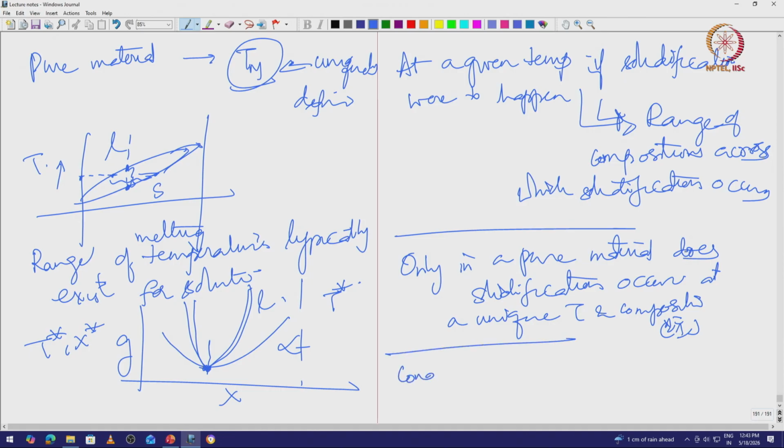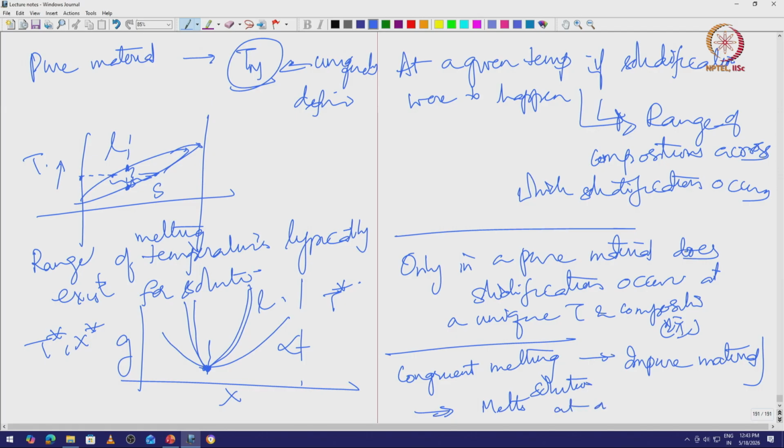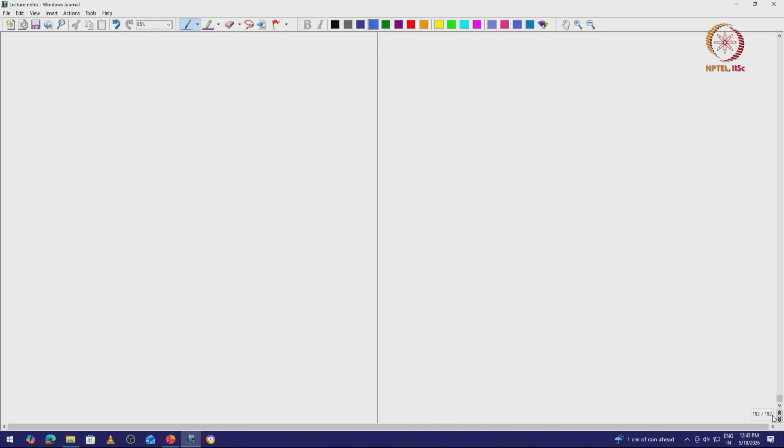In the case of congruent melting, I have an impure material or a solution, but that solution melts at one temperature and one composition, as if a pure material or pure element, pure component melts.